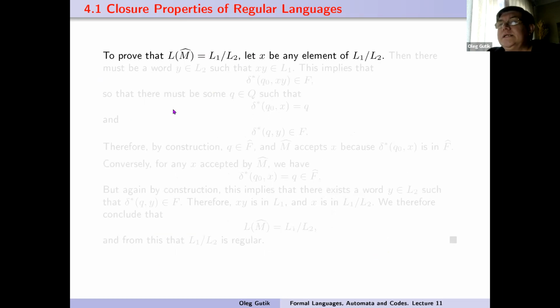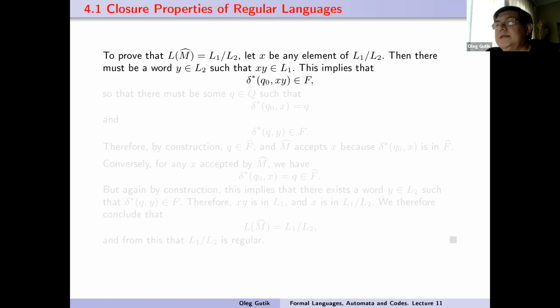To prove that the language accepted by automaton M capital with hat is equal to the right quotient of the language L1 with the language L2, let x be any element of this quotient. Then there must be a word y from the language L2 such that the word xy belongs to the language L1.